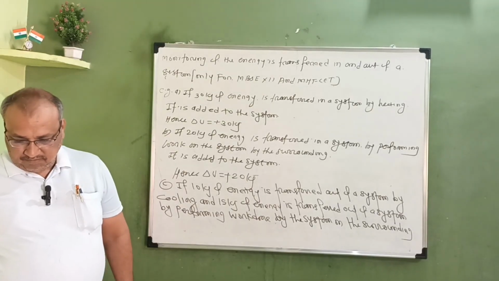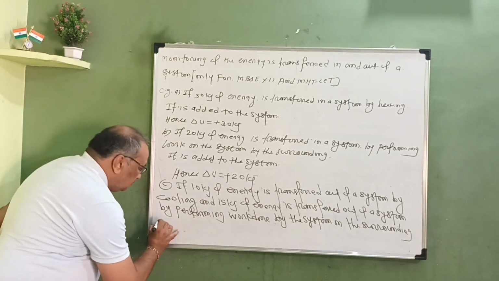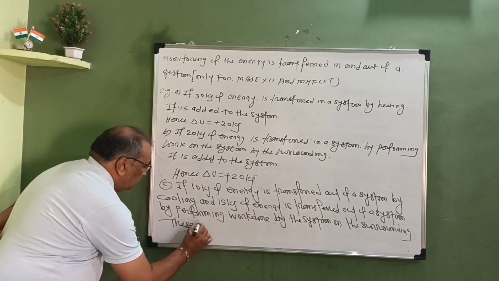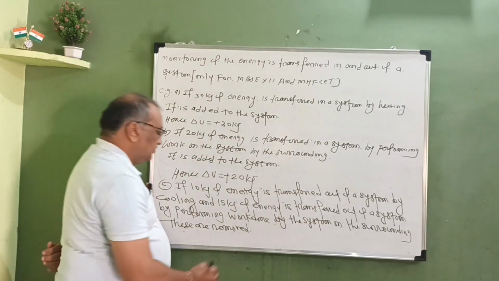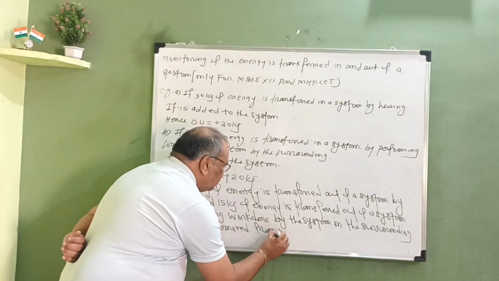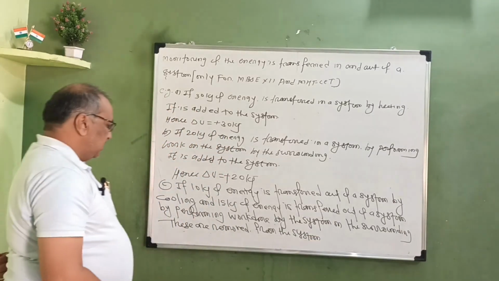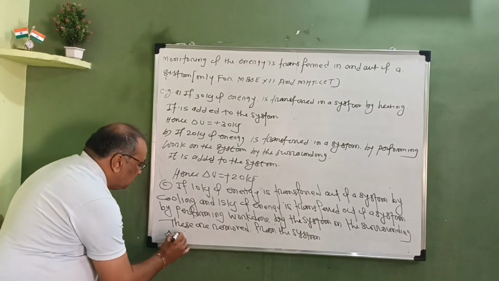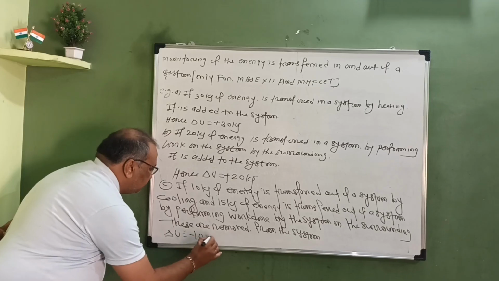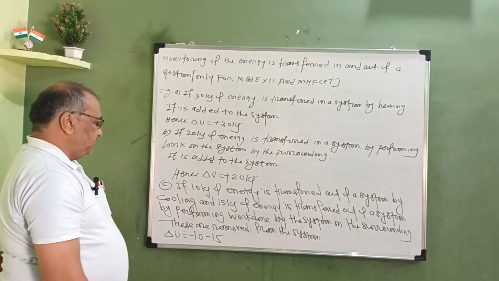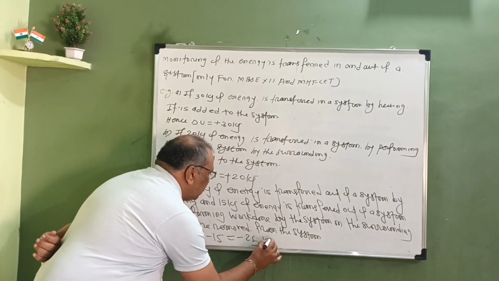That means these are removed from the system. That means here delta U equal to minus 10, minus 15 equal to minus 25 kilojoules.